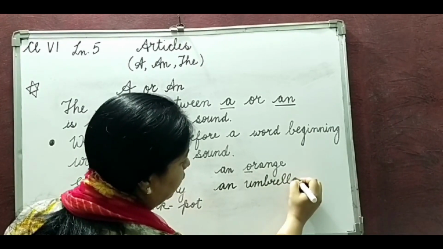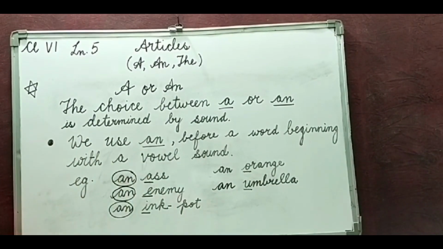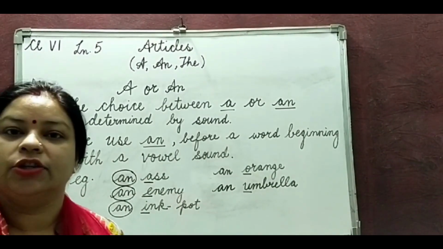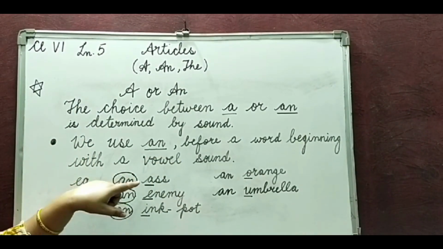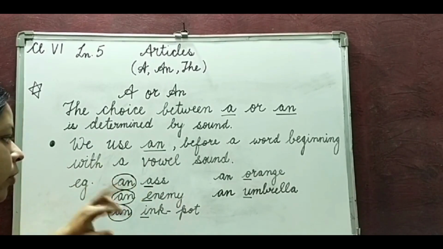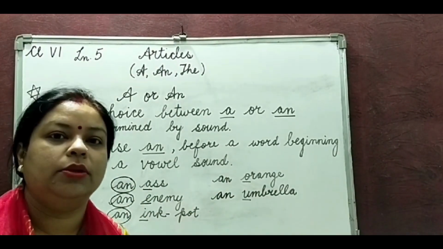Now, you can see here that there are 5 vowels in the English alphabet. So, here they all are written. There are 5 vowels: A, E, I, O, U. So, all the 5 vowels are given here.